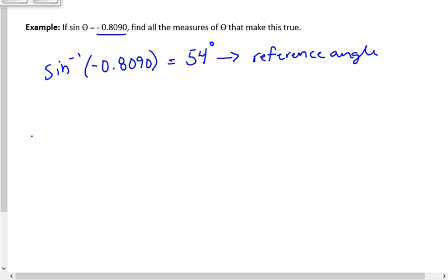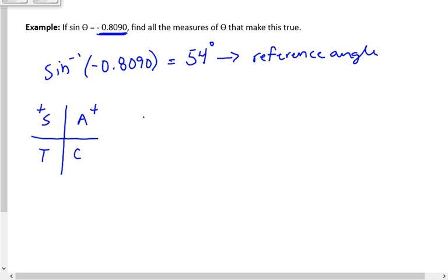If we think back to CAST, or All Students Take Calculus, these two quadrants have a positive ratio for sine, okay? Because our ratio here is negative, those two quadrants are not included. So what we need to do is look at the 3rd and 4th quadrants, and we need to find out what angle measure has a 54-degree reference angle.